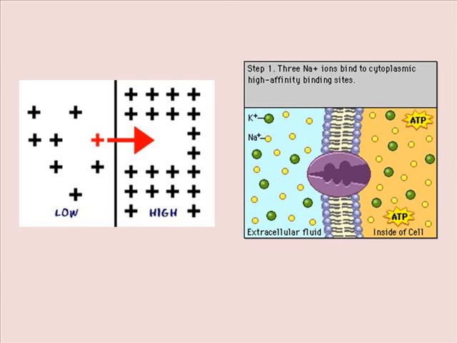So to go from low to high, the cell would have to use energy. On the right side is a picture of a special pump or area that we have on our cell membrane that allows active transport to happen. It actually uses energy to move substances in and out of the cell.